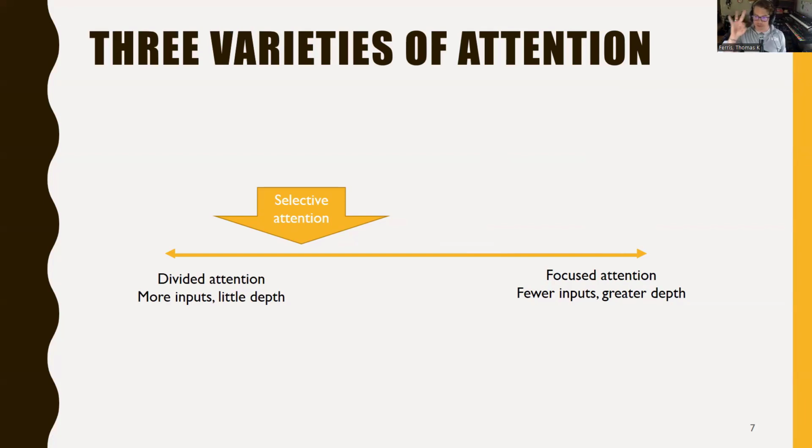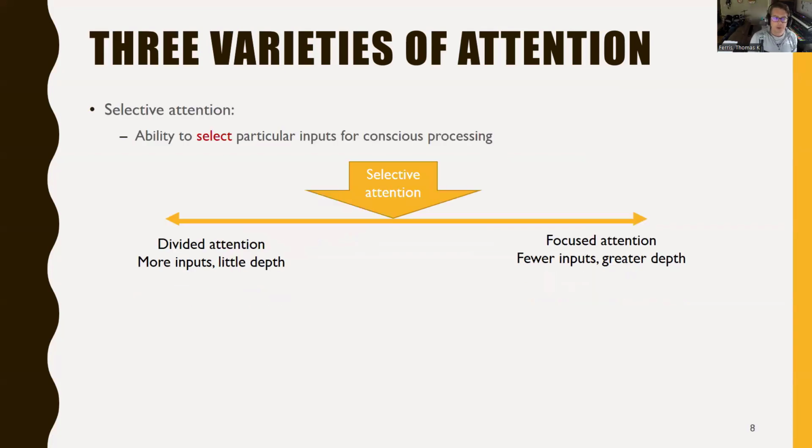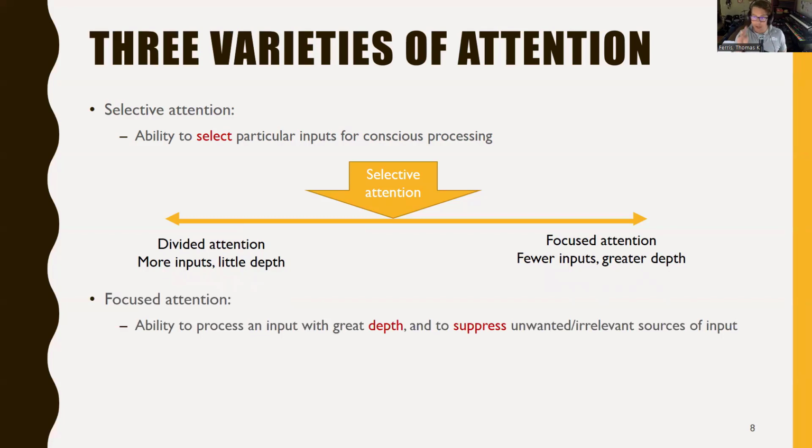All right, so those are the three varieties. Selective attention is more of a functional thing. Focused and divided attention are more like descriptors of the two extremes for how we can allocate our attention. There it is. Selective attention: the ability to select particular inputs. Focused: and I've highlighted a few key words to think about here.